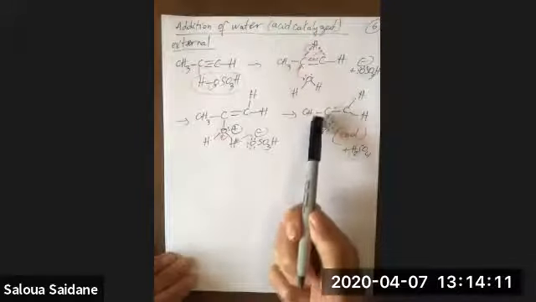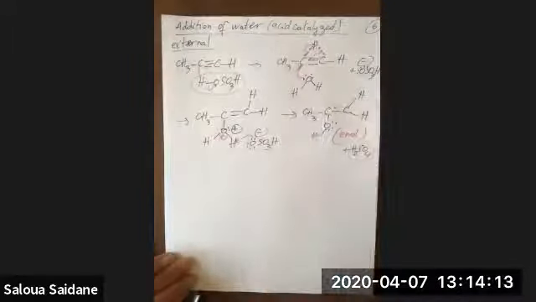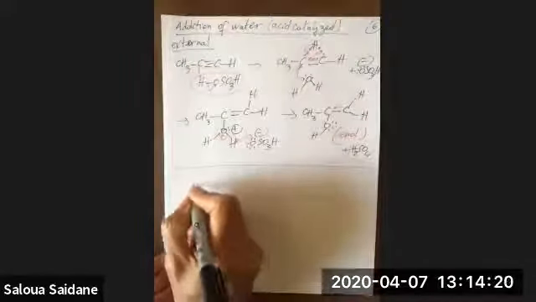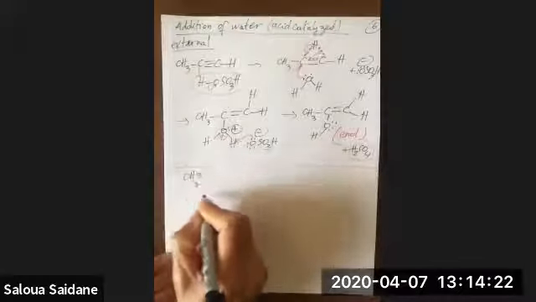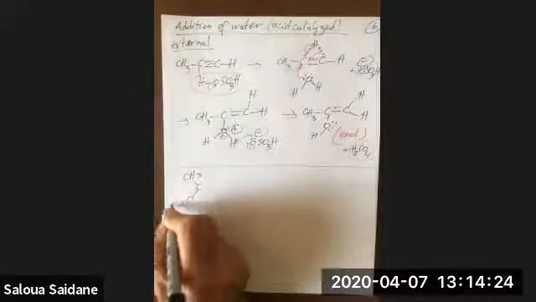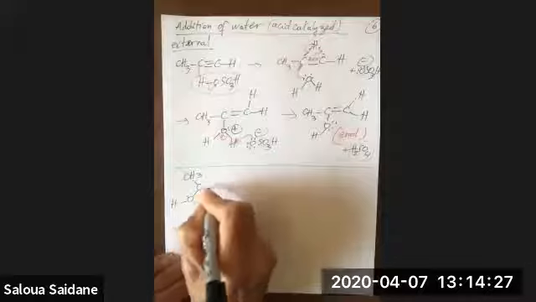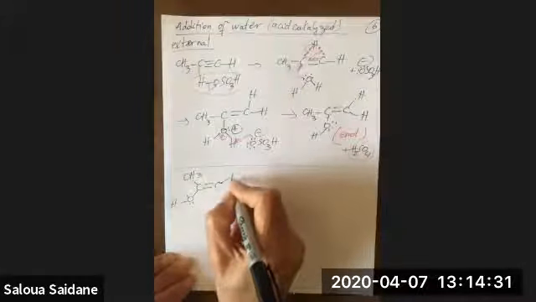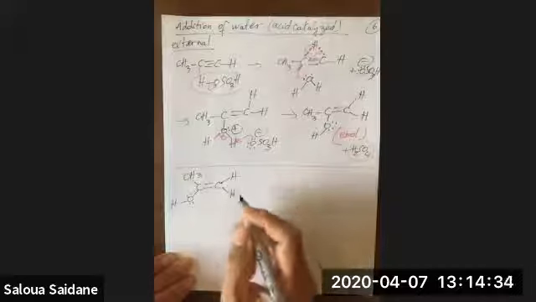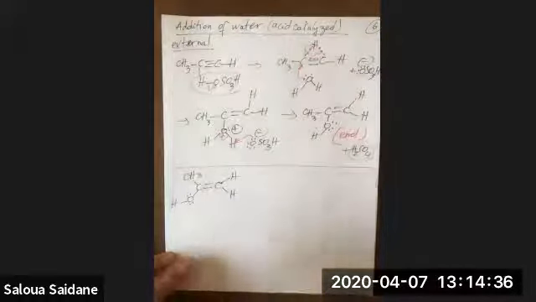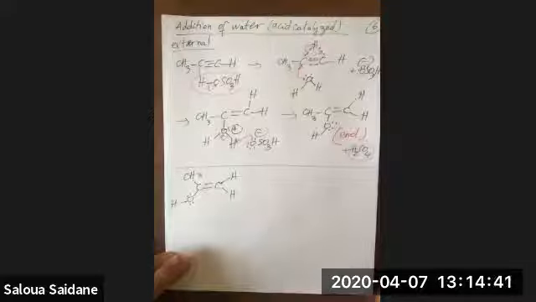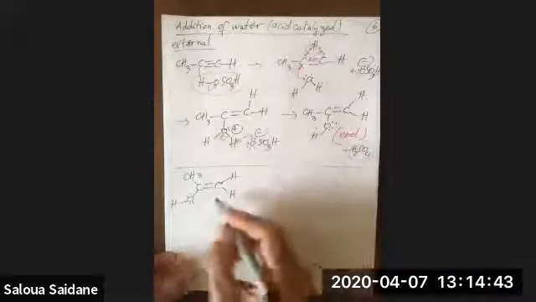Now this enol is not stable. So here's what happened. That enol, I'm gonna write it here, to have CH3, OH, CHH. What happened is the product acid here, we still have acid there.